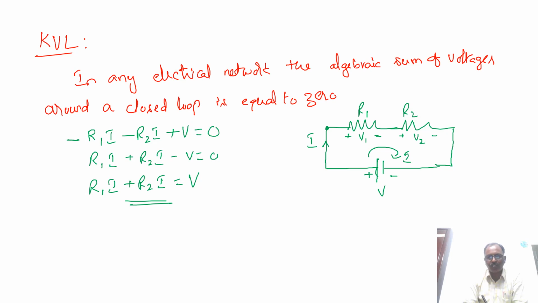In terms of voltage drops V1 and V2, the same can be written as: R1 into I is represented with voltage drop V1, and R2 into I is taken as V2. V1 plus V2 equal to V.